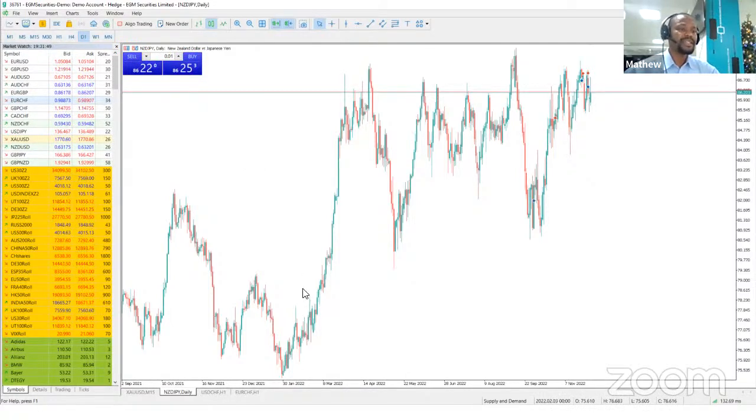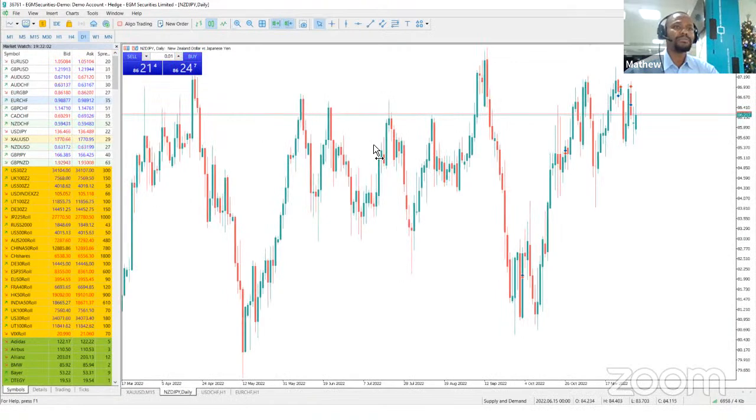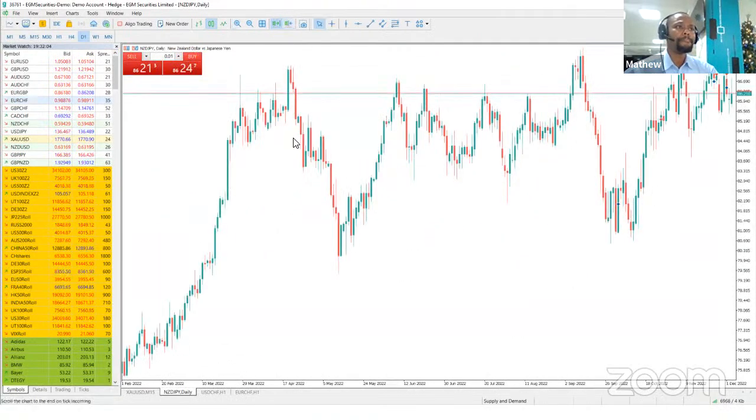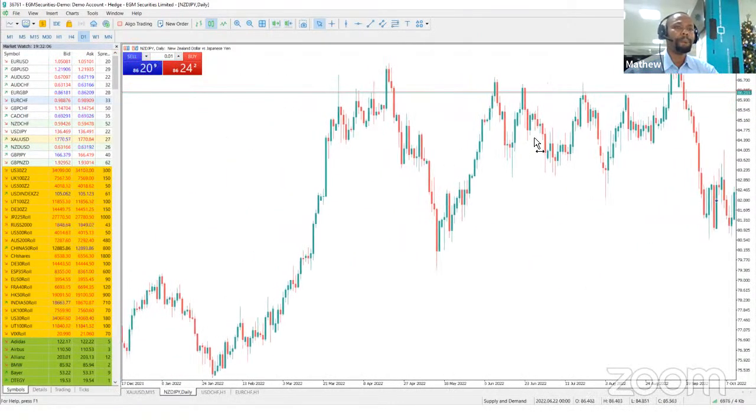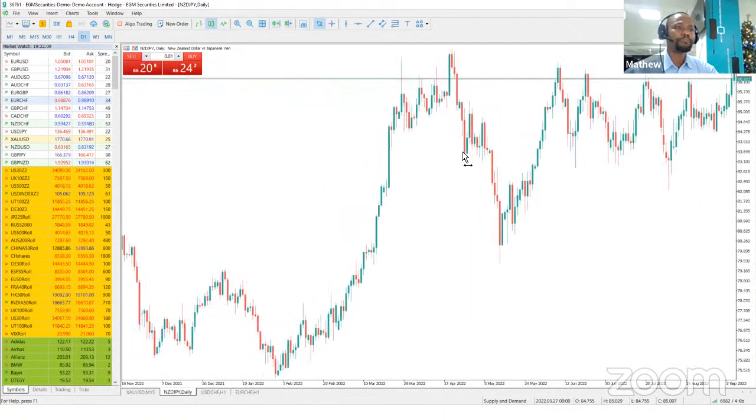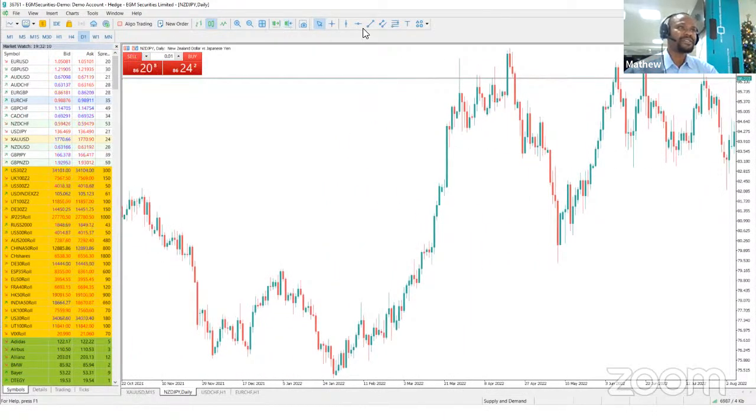With the New Zealand yen, let's look at the scenario of rally, base, rally, and it came up perfectly, creating a very good demand zone here. This is what I'm talking about. I'm talking about this rally.